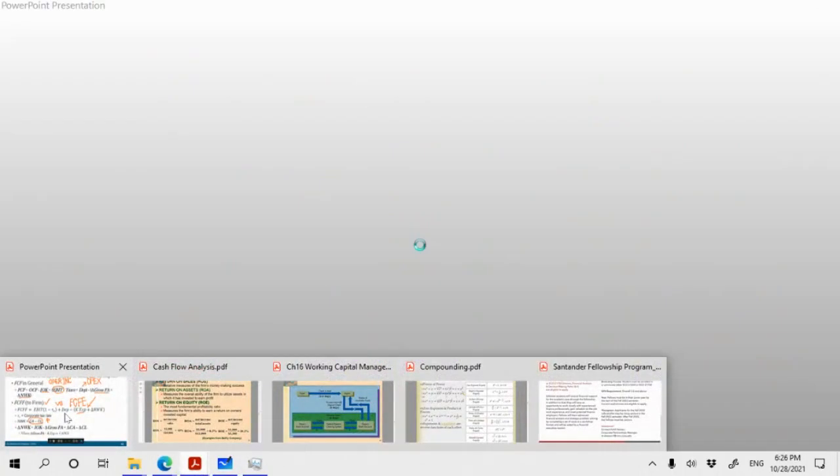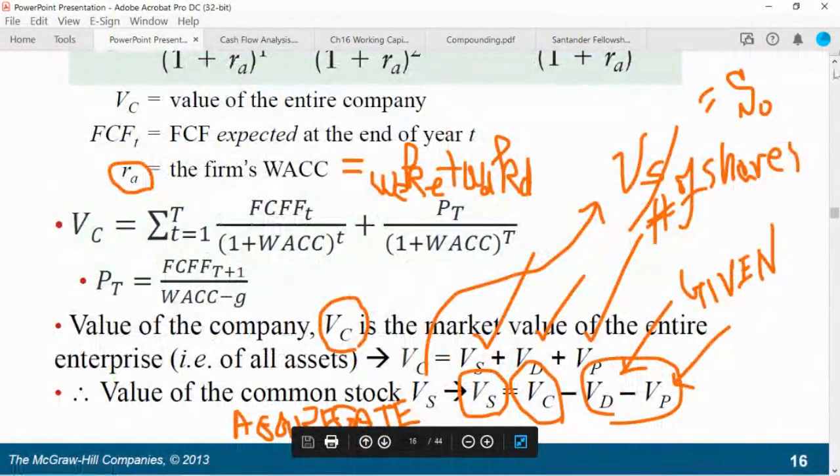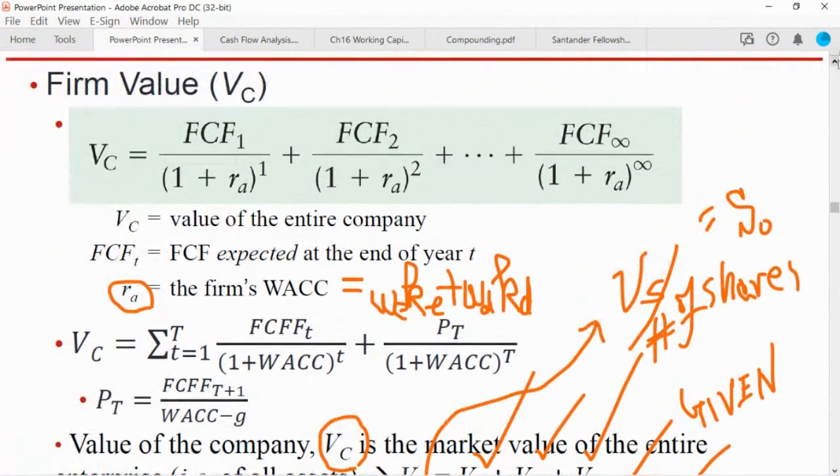So let's go back to our example. So here's an example of a free cash flow model. First, the idea is all these free cash flows, right? We will need to discount them to present.